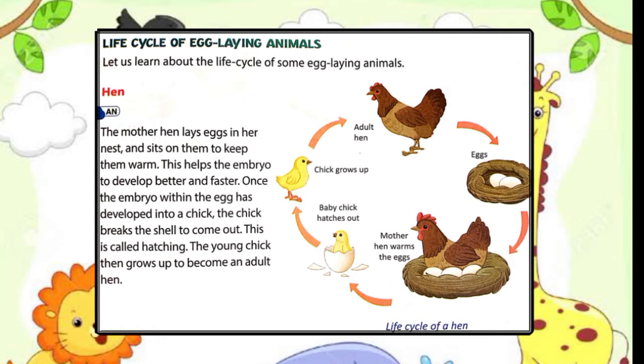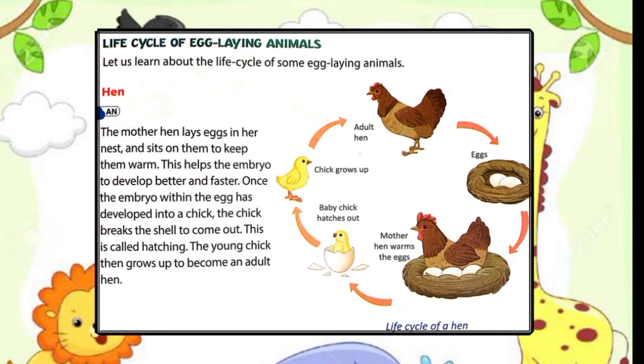If so, you can thank a hen for those eggs. Hens are female chickens and they are found on farms throughout the world. In fact, there are more chickens on the planet than any other birds. And like other animals, hens also go through stages called a life cycle.